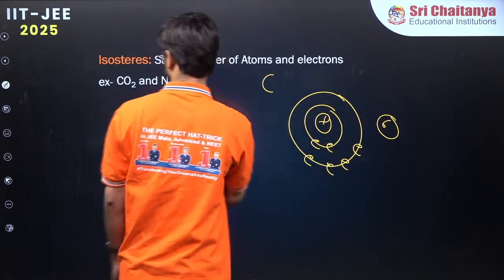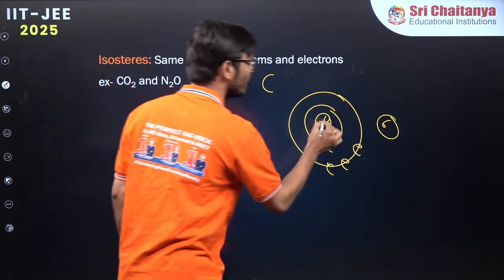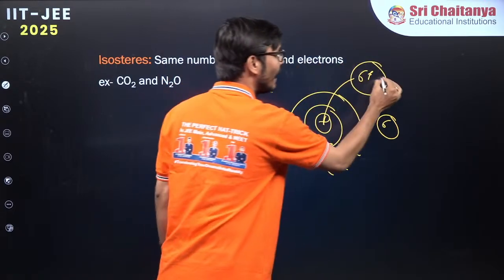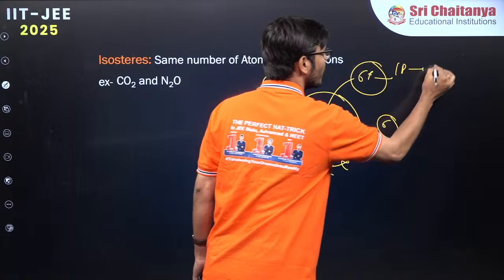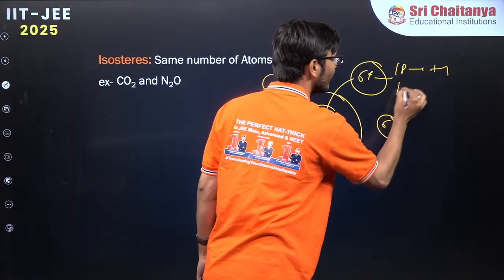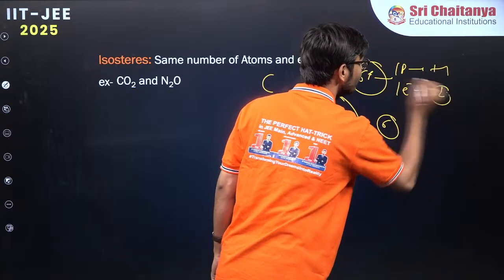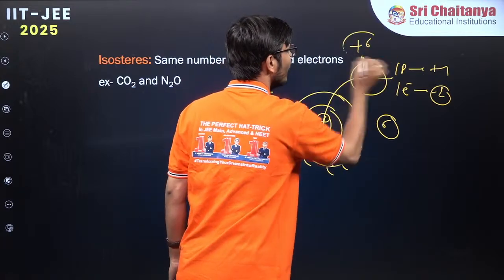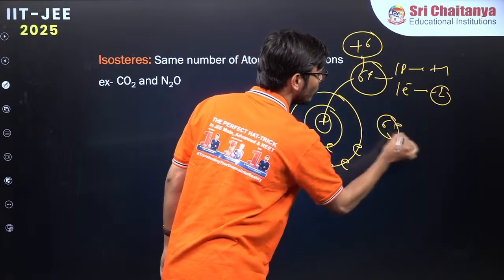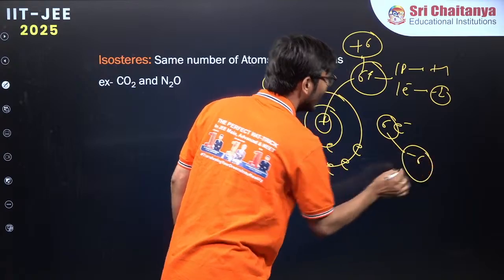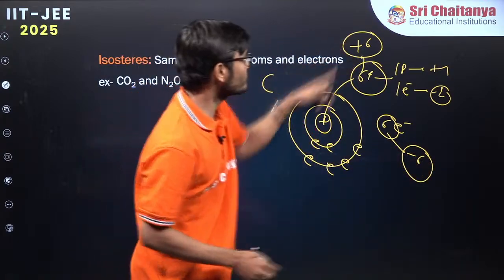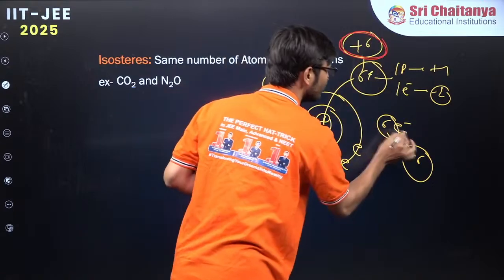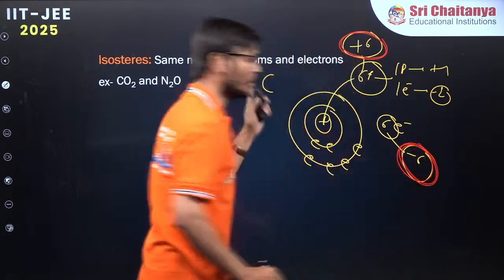And inside of the nucleus, how many protons are there? 6 protons. And we know that one proton carries plus 1 charge and one electron carries minus 1 charge. So 6 proton will carry what? Plus 6 charge, and 6 electrons will carry minus 6 charge. And that is how, because of same charges, atom is electrically neutral.